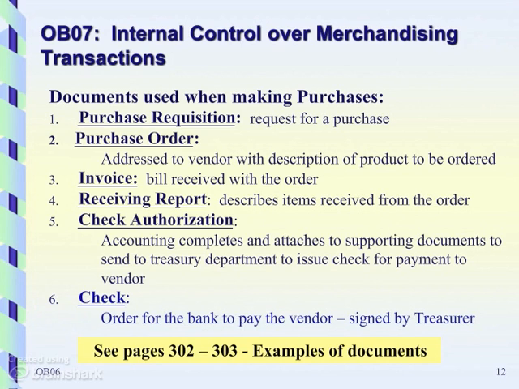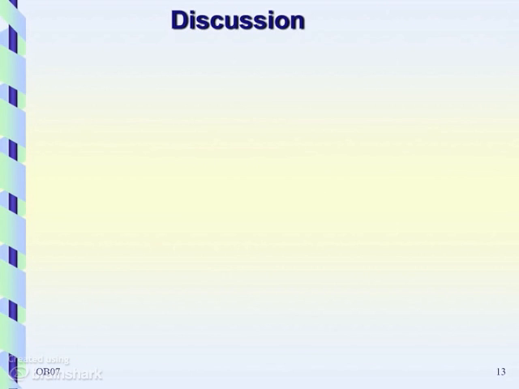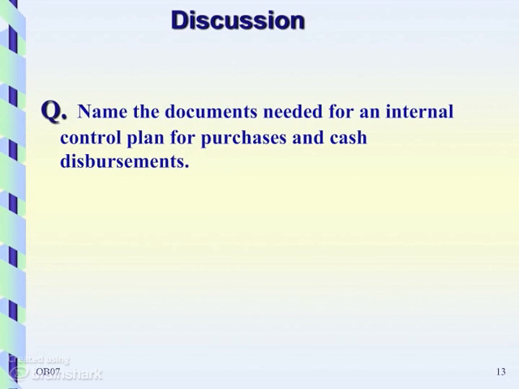The check is prepared and signed in the Treasury Department, and that's just simply an order for the bank to pay the vendor. And that concludes our discussion for Objective 7. And so, name the documents needed for an internal control plan for purchases and cash disbursements within a merchandising organization.